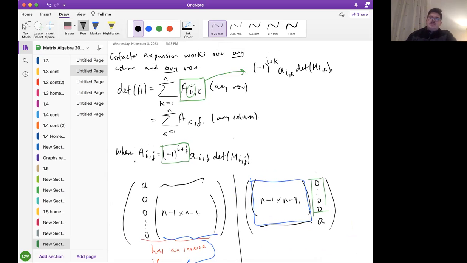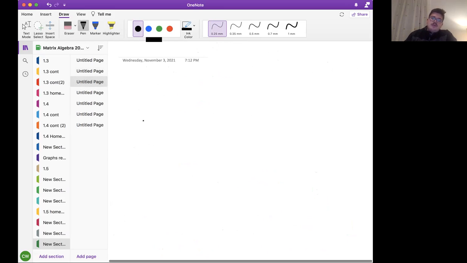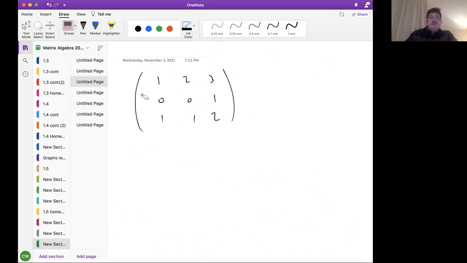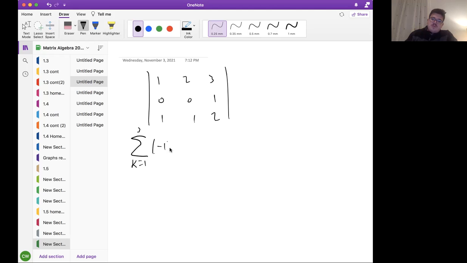So let's do an example of why we might want to use different cofactors. Let's find the determinant of this. Based on this definition of the determinant, you have (-1) to the i plus k, a_ik, determinant of M_ik.